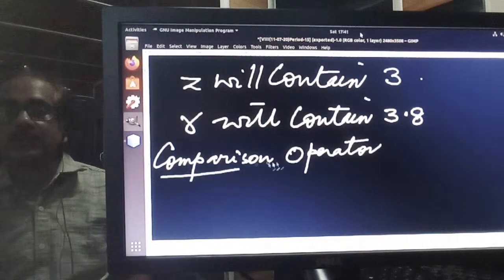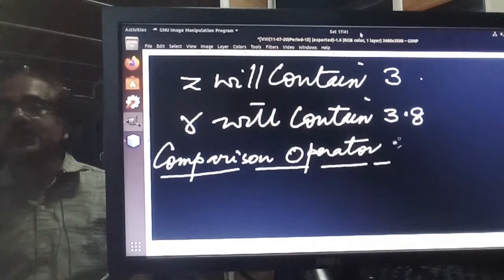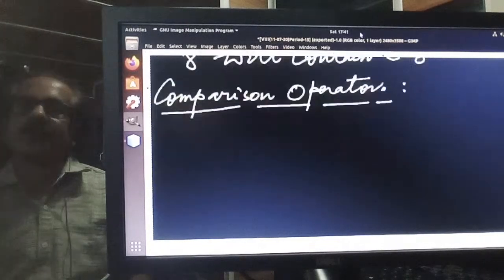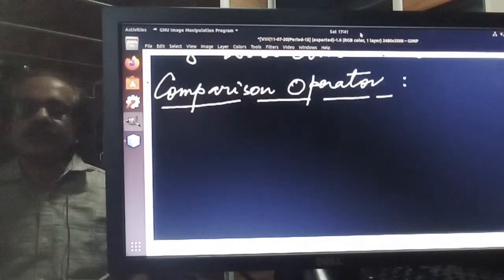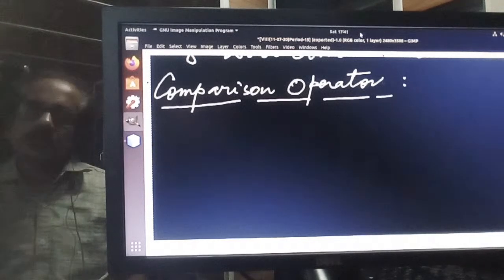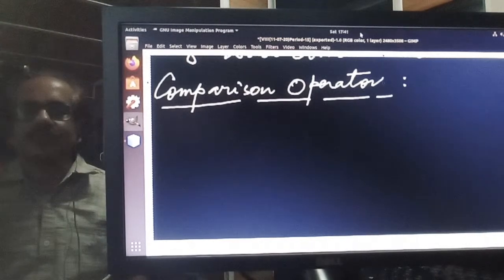Comparison operators are also in the category of binary operators, because you can compare two items at a time.